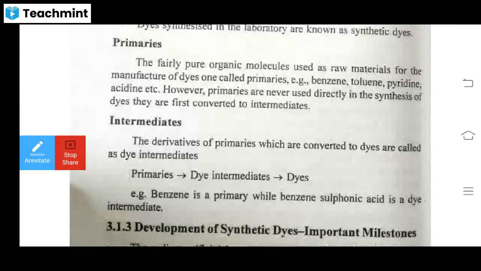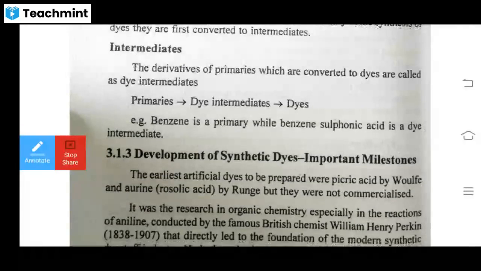So intermediates are used. Intermediates are attached with a number of groups, okay, to enhance the sharpness. Electron withdrawing groups are attached to the particular intermediates, and that will increase the wavelength and the sharpness of that particular dye. So primary is converted into dye intermediate and then converted into the dye.